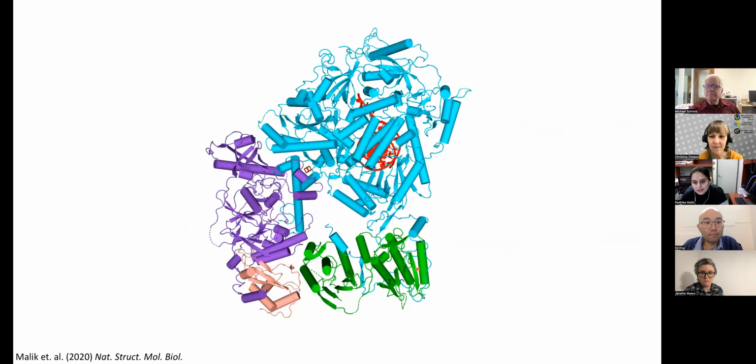There's these 2 densities at the bottom here. We were quite sure that this was Rev7, but this density, since it was at the edge, was slightly not as well defined, and we were not sure at that time what this molecule was. Was it some of the disordered region in Rev3, or was it something else?